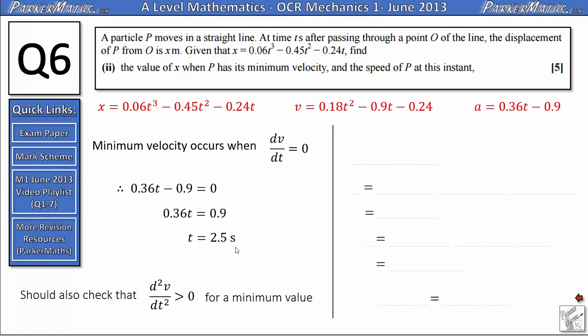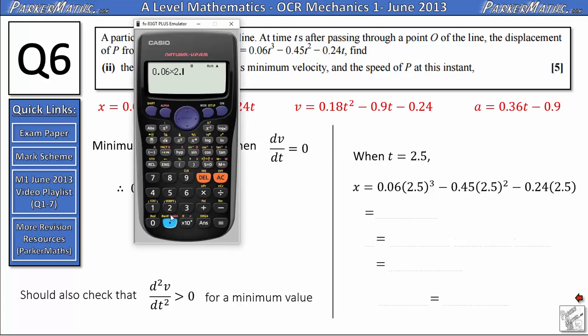Now that we've found the value for t, we need to use that to find the value of x and the speed of P. When t equals 2.5, the displacement x is given by 0.06 multiplied by 2.5 cubed minus 0.45 multiplied by 2.5 squared minus 0.24 times 2.5.